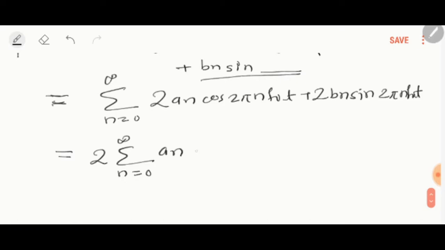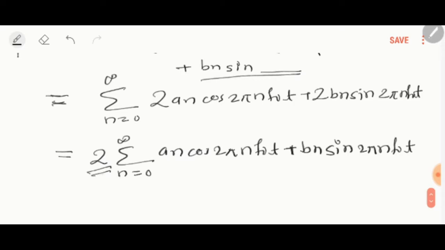So we can write an cos 2 pi n f naught t plus bn sin 2 pi n f naught t. So this is our original ft. Only the two component is added when we add the complex conjugate.